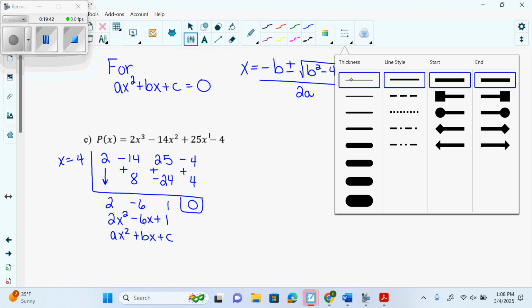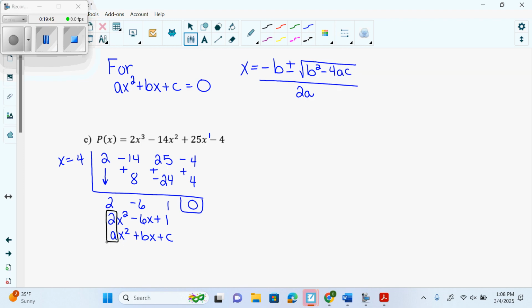So my a matches 2. My b matches -6. And my c matches 1. Do you agree? So a equals 2, b equals negative 6, and c equals 1. Nothing crazy so far, yes?